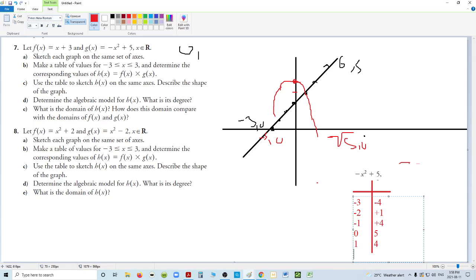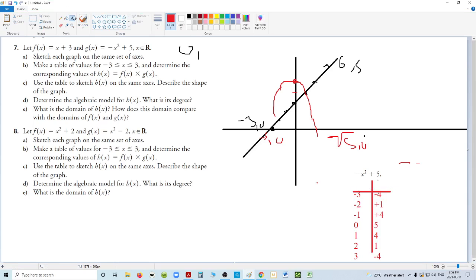And now these will start to repeat. 1, and there's going to be one last one. 3, comma, minus 4. So now you have values for that.